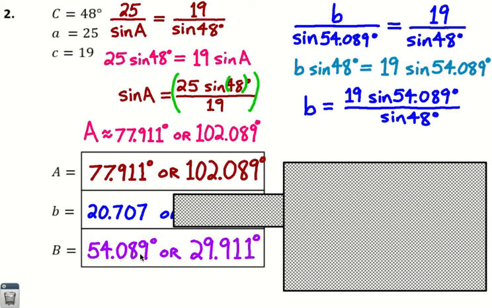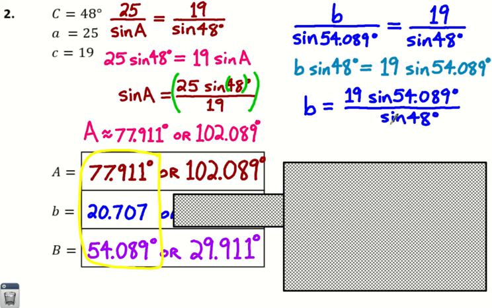So again, for this solution, where you go with 77.911 for big A, and that would be your big B for this big A, then you'd have to plug in this big B here, okay?